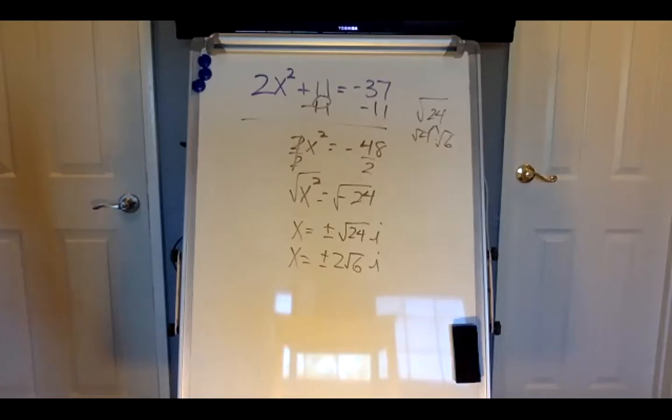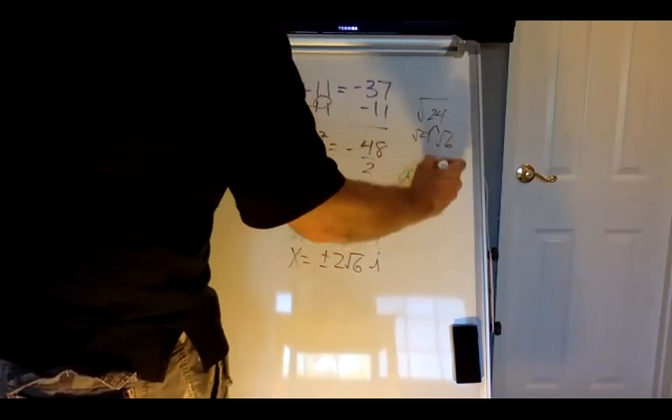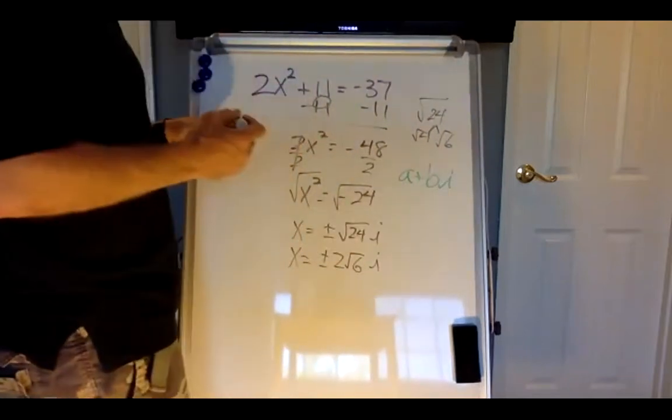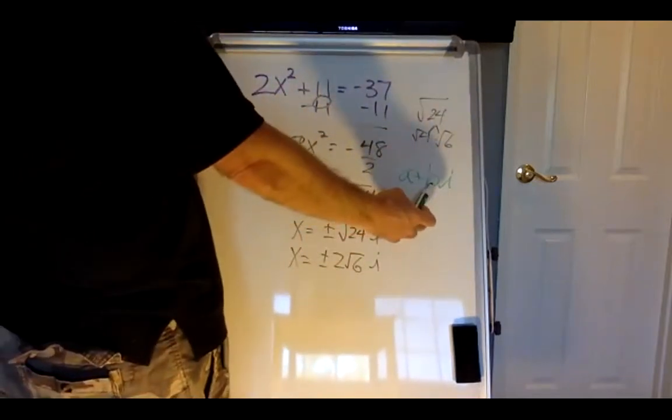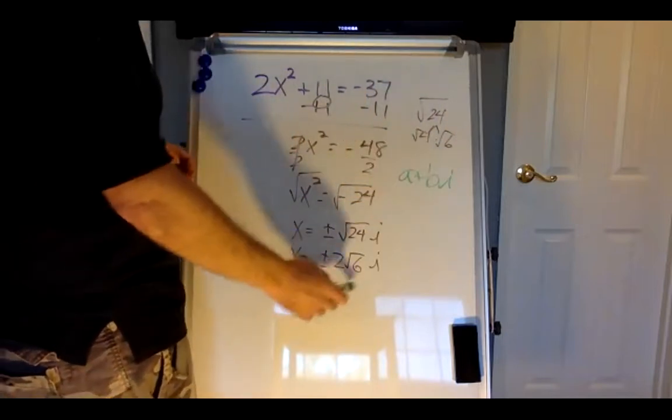I don't know why they put it first here; it should not matter. But when we write this as a complex number, that 2 root 6 is going to be like a coefficient. We're going to write them in the form a plus bi. That's a complex number, so you'll see the coefficient of i written first. That's why I like to write it that way.